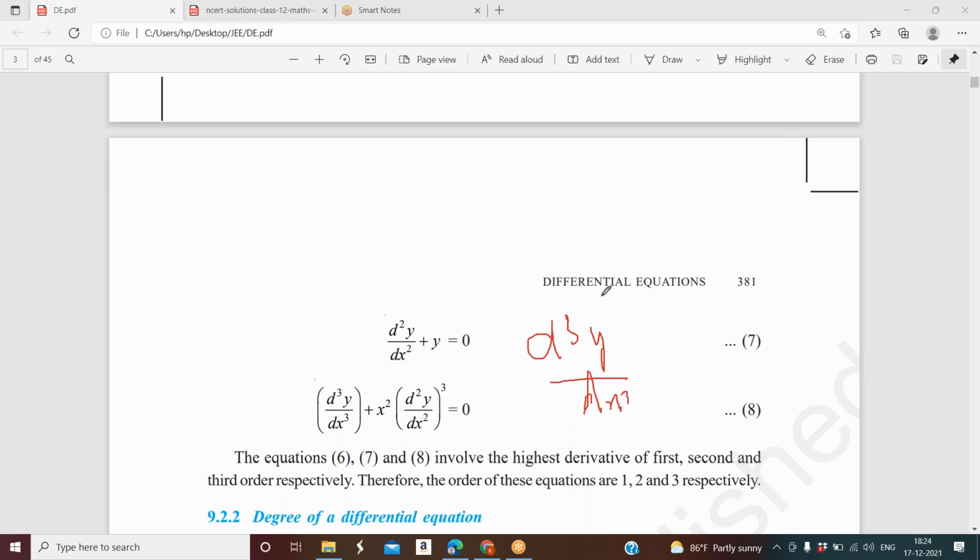So the order of the first equation is 1, the order of the second is 2, and the order of the third equation is 3, because the highest derivative is d cube y by dx cube in this equation.